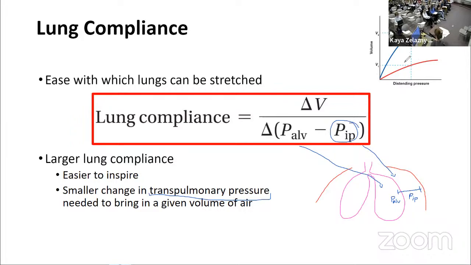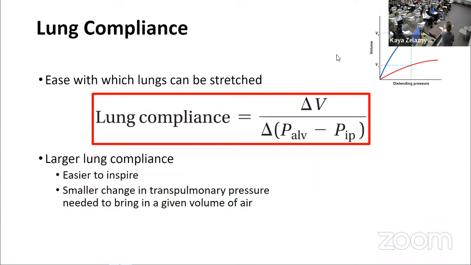However, if we have low compliance, we're going to have a much greater transpulmonary pressure, so pressure across that wall that we're going to need in order to get that same amount of air. So I'm hammering home that you can imagine that there are diseases, for example, that can affect lung compliance and therefore make it more difficult to breathe in air. That's fundamentally kind of why we care about this.